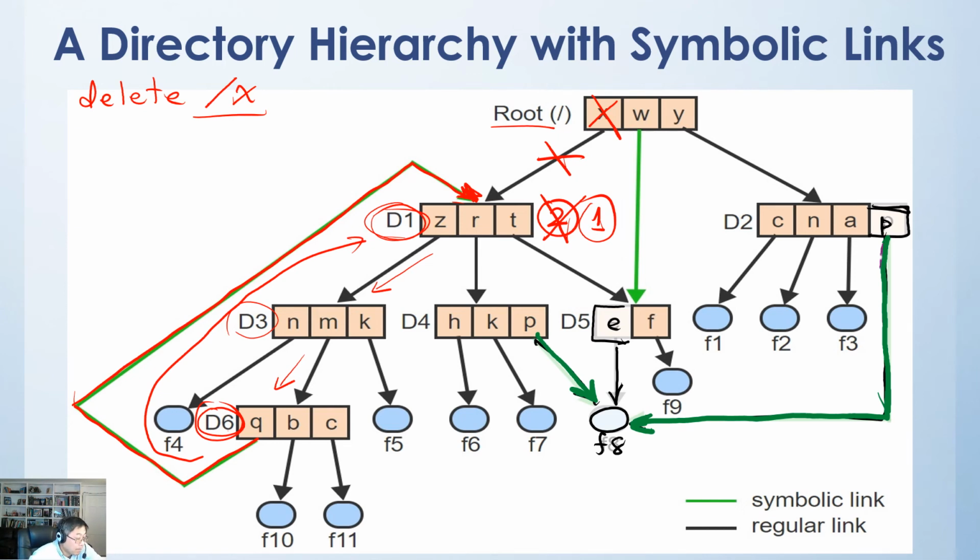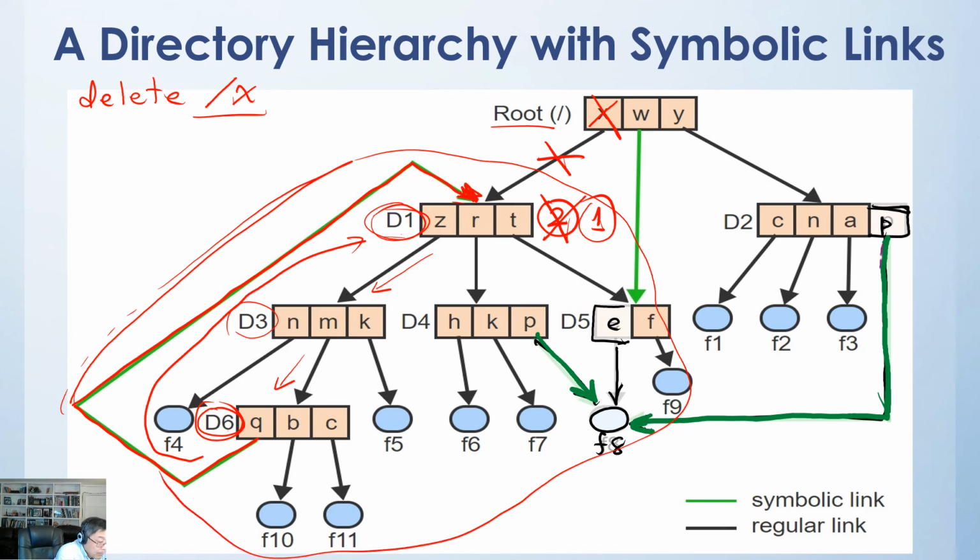That looks good, right? However, there's a big problem because in that case, the directory D1 as well as D3 and D6, they're isolated now. They're not connected to the root. Now, what's the problem with this? Suppose my current directory is D2, and I try to move from D2 to D1.